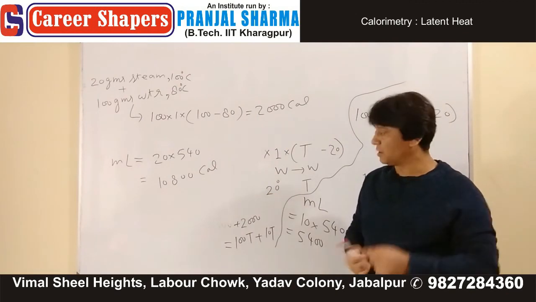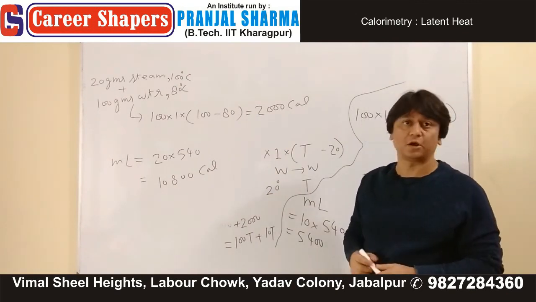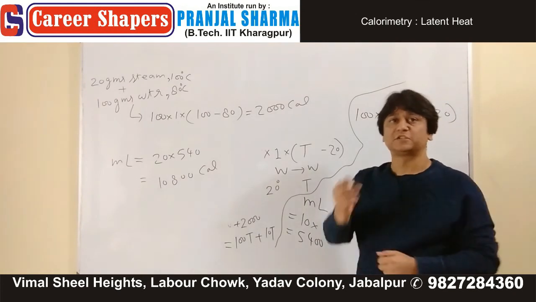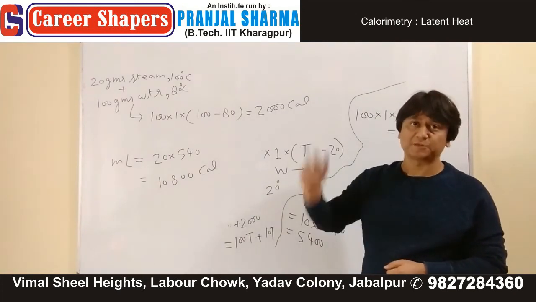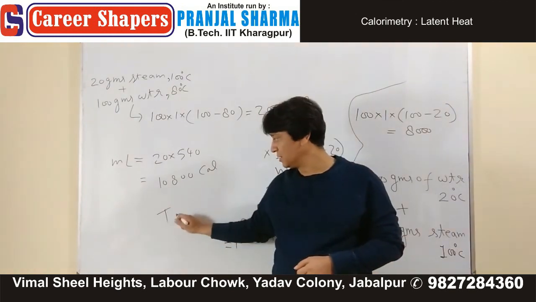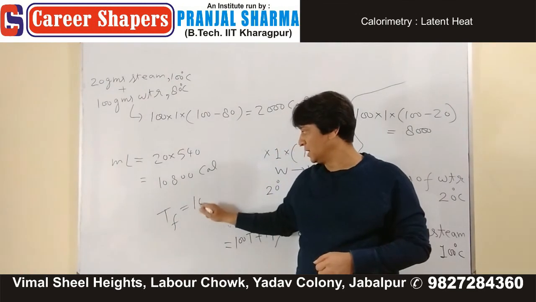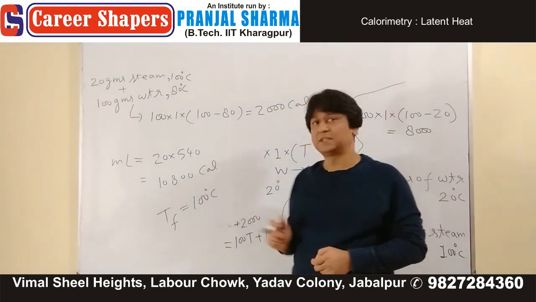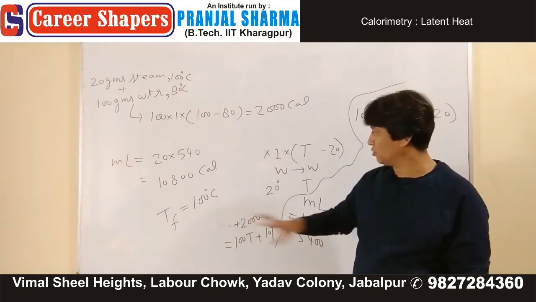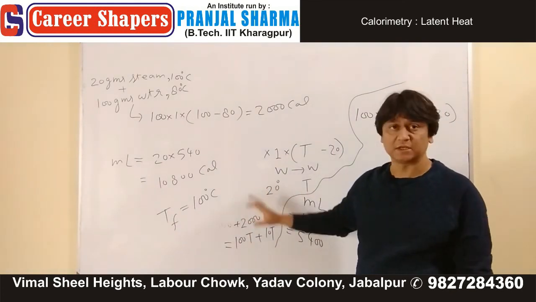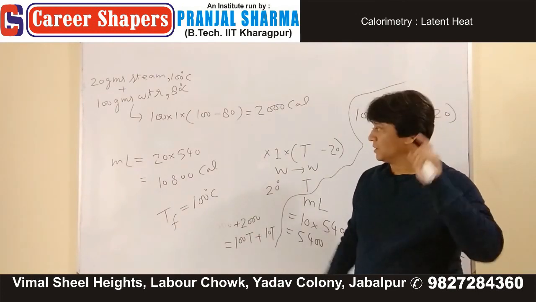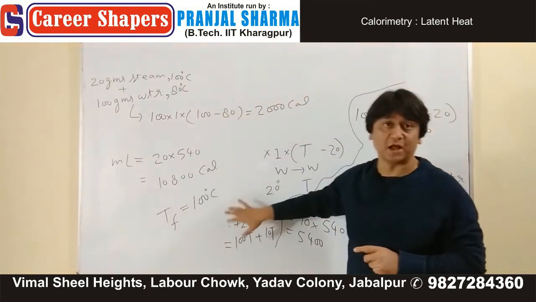And if complete condensation does not take place, then steam is present. And if steam is present, then final temperature can only be 100 degrees Celsius. In just one line you can answer this.